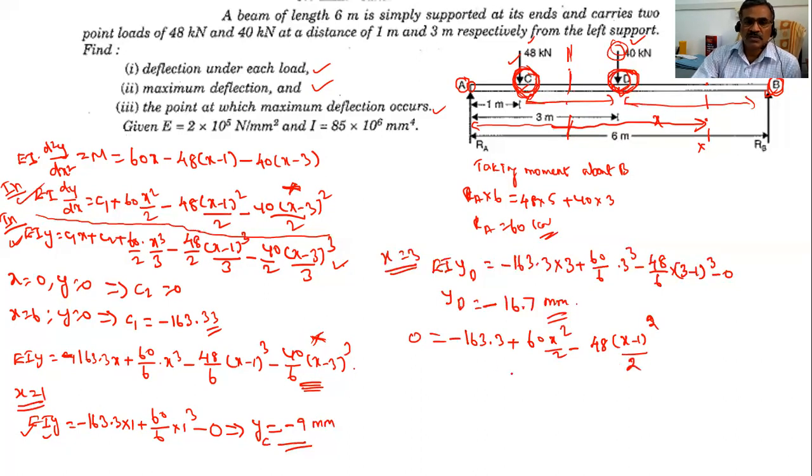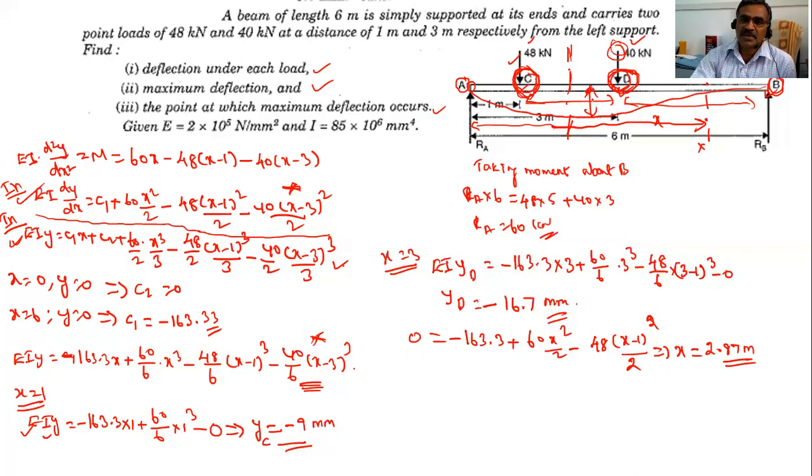So if you solve this equation, you will get x is equal to 2.87 meter. So what is the meaning? At x is equal to 2.87, the deflection is maximum. So at this point, deflection is maximum.